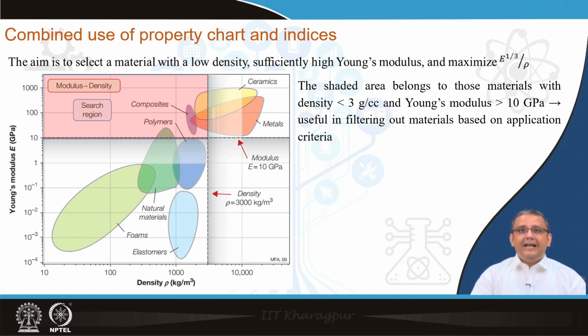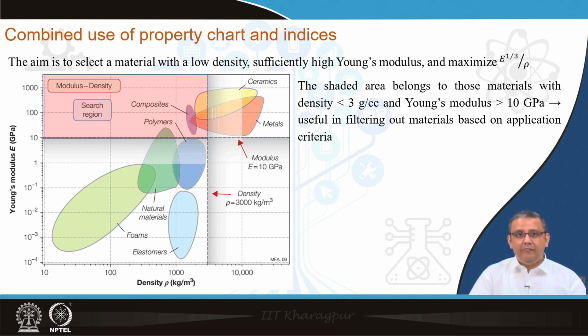So, to get low density and sufficiently high Young's modulus, we select a region which gives a density less than 3 kilogram per meter cube and Young's modulus more than 10 gigapascal. That means the pink colored rectangle on the top left portion is the area of interest.